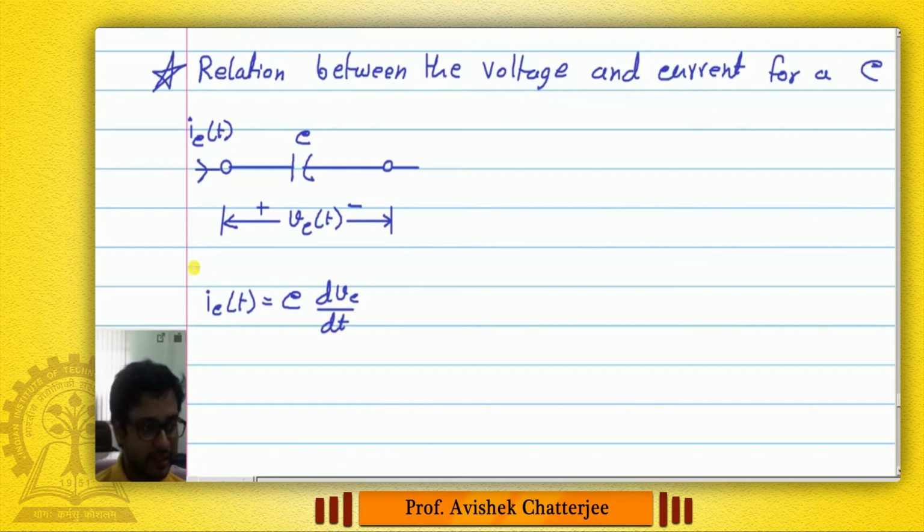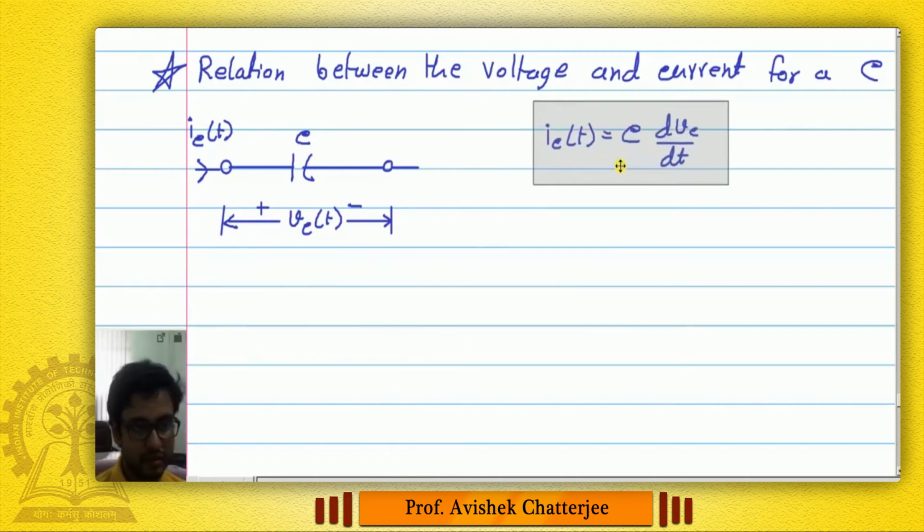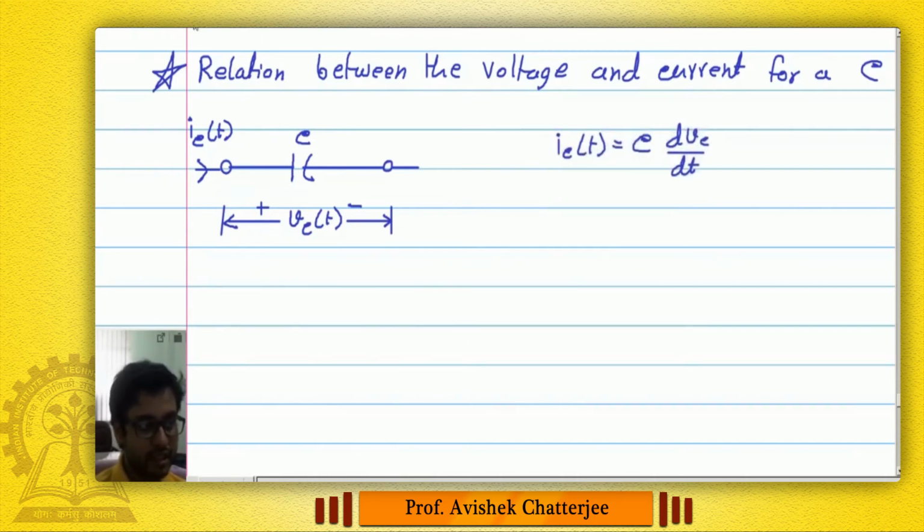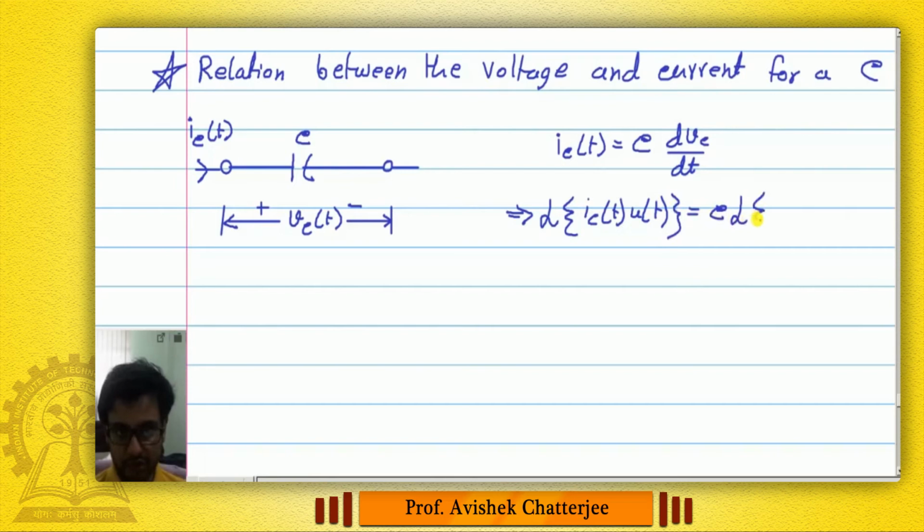Okay, then from this we can take Laplace transform, unilateral Laplace transform, that is Laplace transform of iC(t)u(t) is equal to C times Laplace transform of dvC/dt u(t).